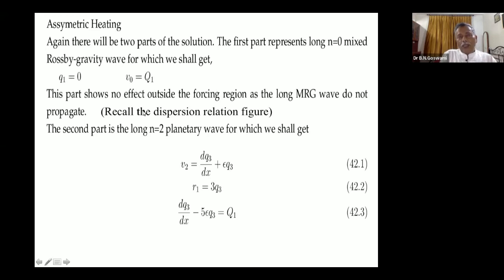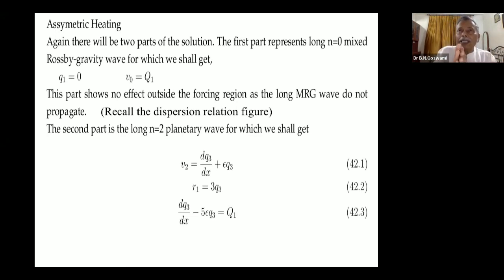And this is because the Rossby gravity wave is kind of stationary, because it is a very long wave Rossby gravity wave. As I mentioned, it is not producing eastward response. And it also does not go in the westward direction. Also, it does not go beyond the forcing region, because it is more or less stationary.